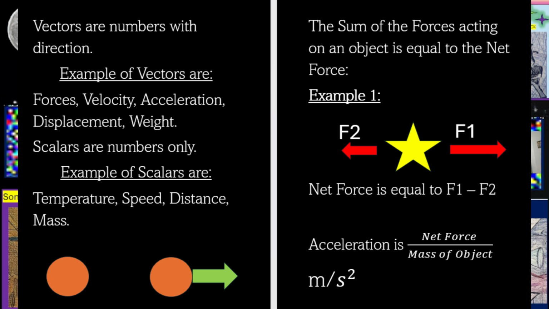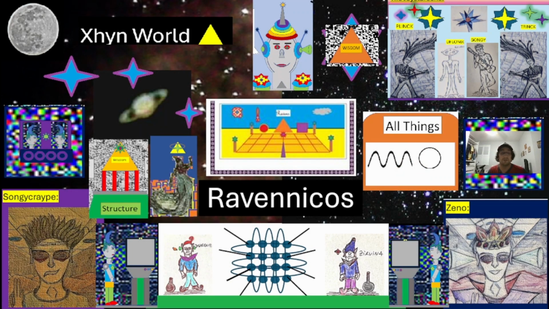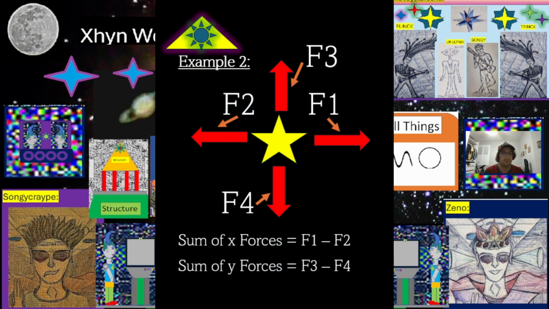So here we have an example of four forces around this star. F3 pointing up, F4 pointing down, F2 pointing to the left, F1 pointing to the right. So what we do is we add up the forces in the x direction, so F1 minus F2. We add up the forces in the y direction, F3 minus F4.